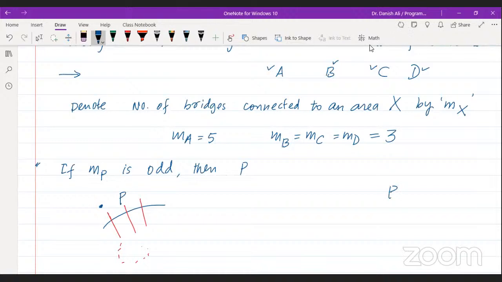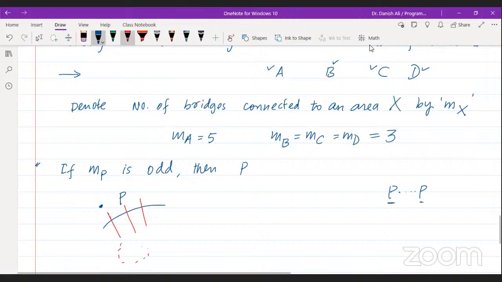Okay, so P will come in the string, and then he comes back again after some time. Then P will come, and then he goes by the other bridge, because we have to use each bridge once. And then he goes the third time. So the letter will come only twice.